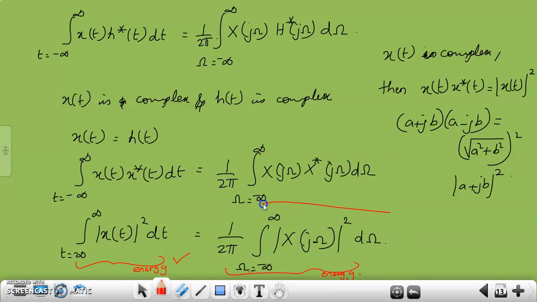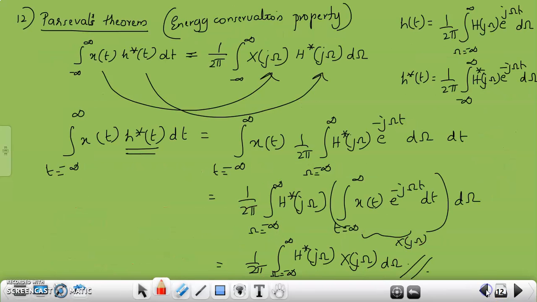This is a very important concept. If you are asked to find the energy of the signal in time domain and frequency domain, you can use this statement. This is the Parseval's theorem statement for a single signal, giving the energy conservation theorem, and this is the statement if you are assuming two different signals x of t and h of t. Okay, thank you.